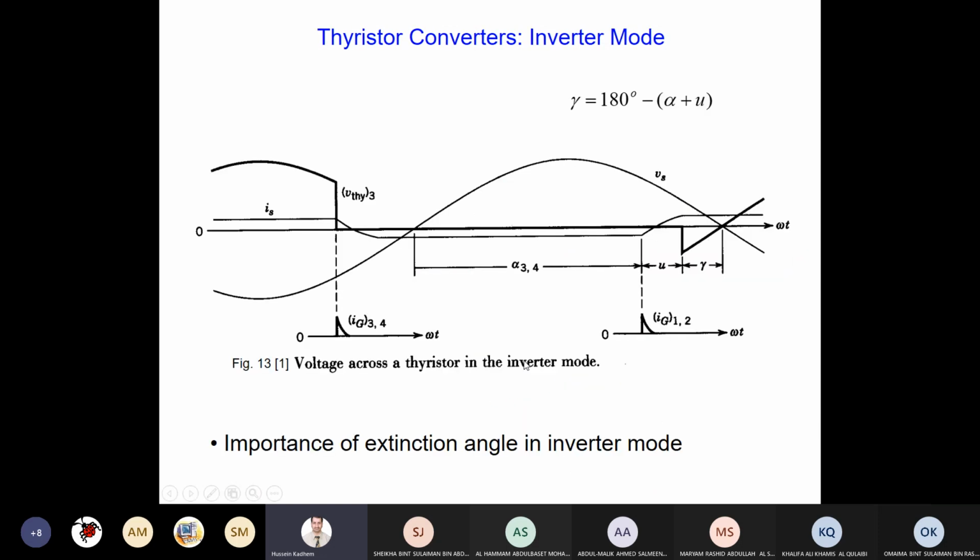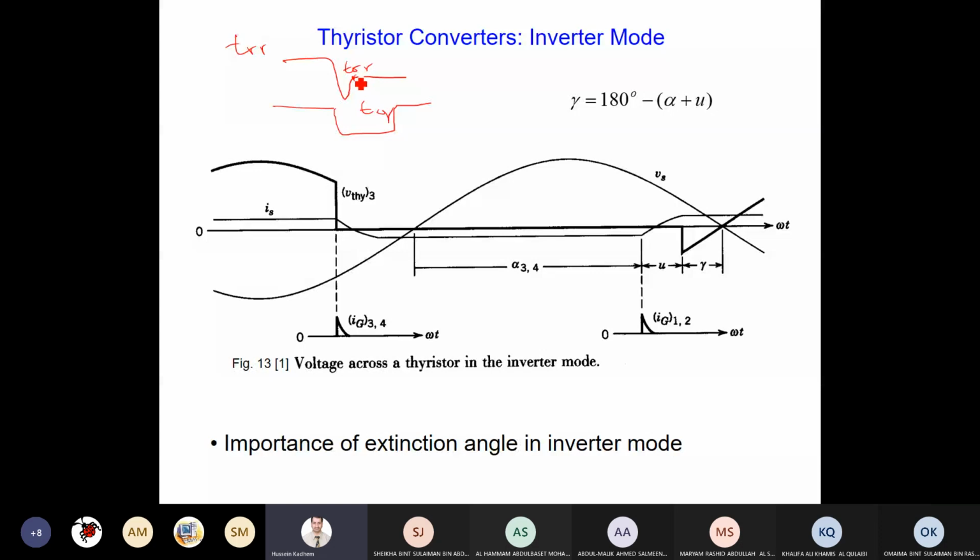One more point: you remember when we discussed the operation of the thyristor, just to remind you of the reverse recovery time. We mentioned that the current goes in this way until it reaches 0, but the voltage takes more time. We call it TQ. This is TRR. We discussed it maybe 2-3 weeks back. You remember this? It's not like the diode.